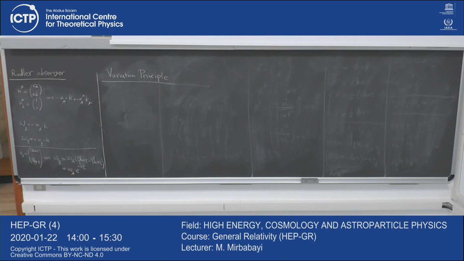So in modern physics, we have learned that it's very useful to use the variation principle to identify the dynamical degrees of freedom that are relevant for the description of the system we are interested in, and then write an action for those dynamical degrees of freedom.